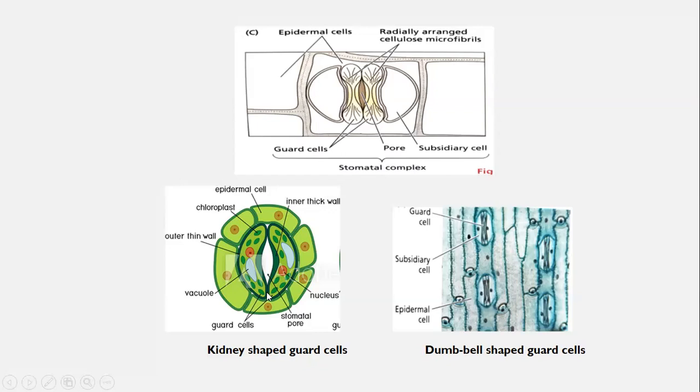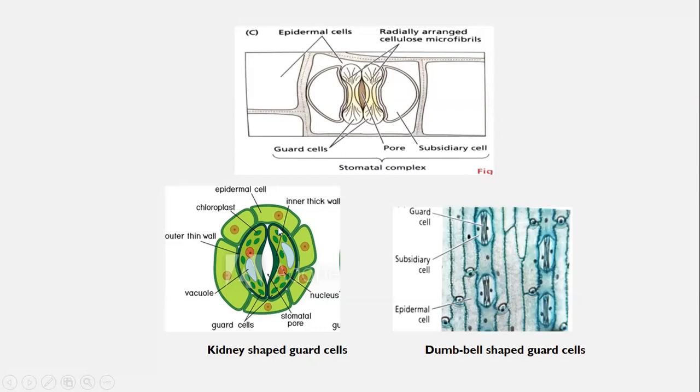In this diagram you can see the bean-shaped guard cells, and this is the aperture. You can also observe the uneven thickness of the guard cell wall.